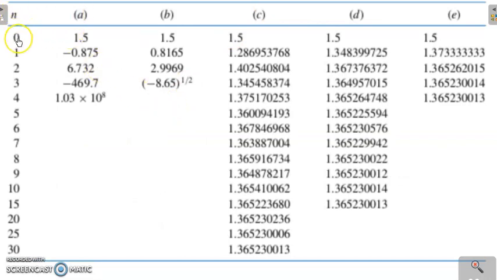For example, for n = 0, we have taken 1.5 as p0, and we have generated a sequence for option A. When we put 1.5 in option A, we get this value, and then we can generate this sequence.